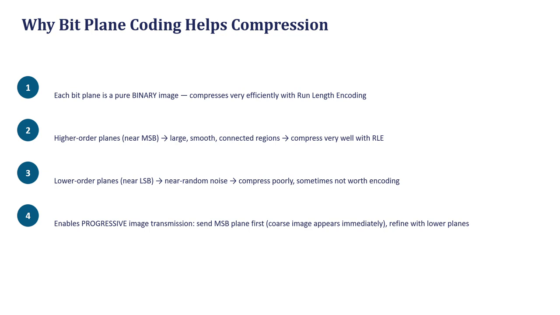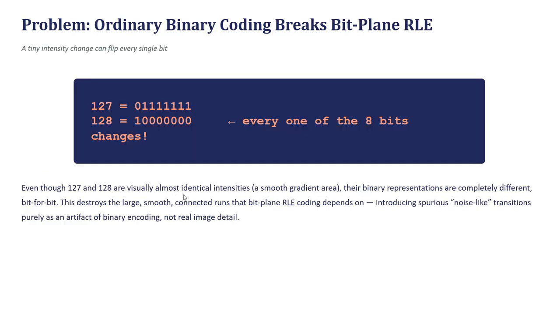I will move on to the lower levels slowly. So this is like progressive image transmission, where I send the MSB bits first, then the next bit, and finally the LSB. The MSB helps me understand the large, smooth, connected regions, and the LSB helps me understand near random noise.